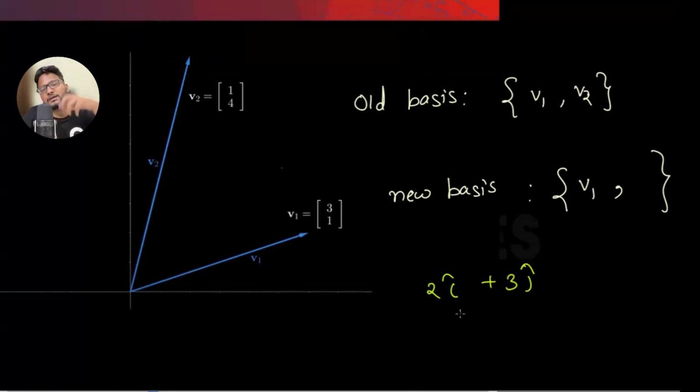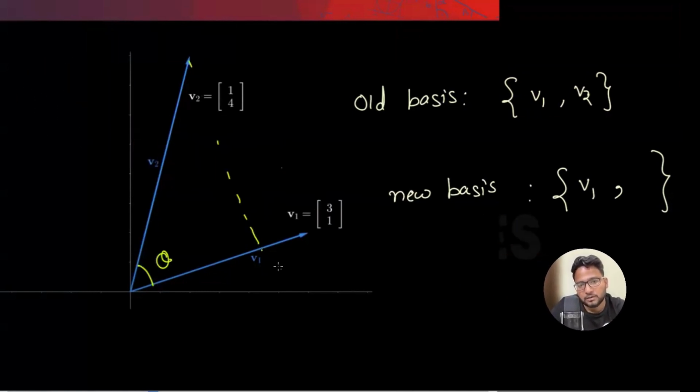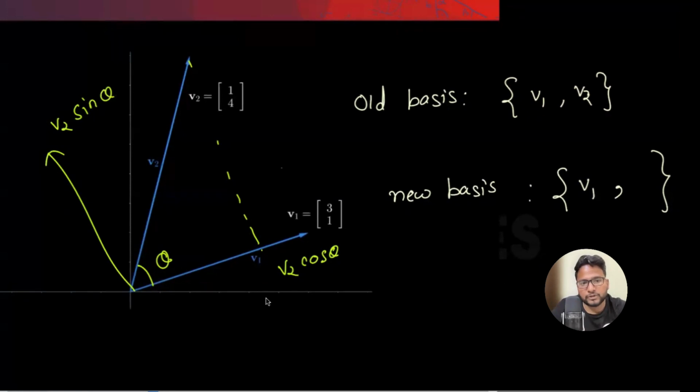If you have one vector, let's suppose 2 i cap plus 3 j cap, then you can definitely break it into components. Let's suppose you have this v2, you can break it into two components. Let's suppose the angle is theta, then we used to call it v2 cos theta and v2 sin theta. You do not need to know exactly, but from physics you might remember a little bit. How many of you remember such things?